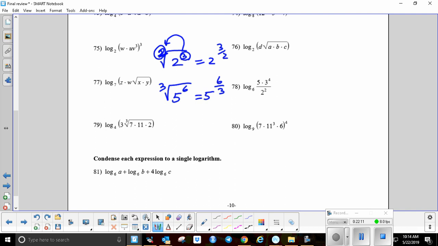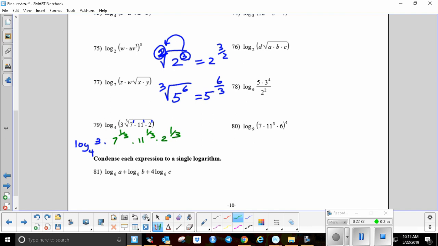The power of each one is 1, 1, 1, right? Let's go ahead and do it. 7 to the power of 1/3, 2 to the power of 1/3.